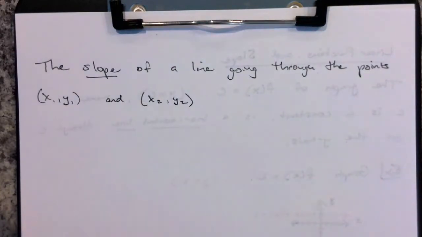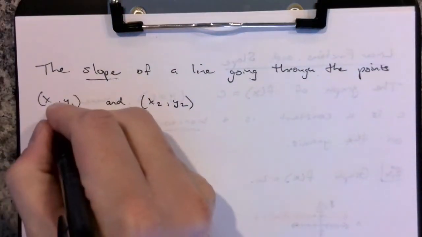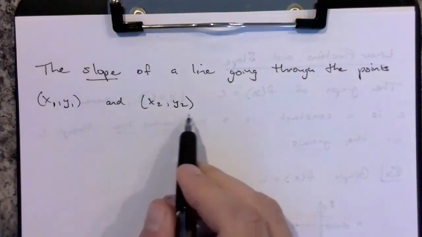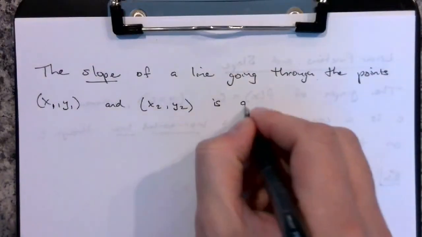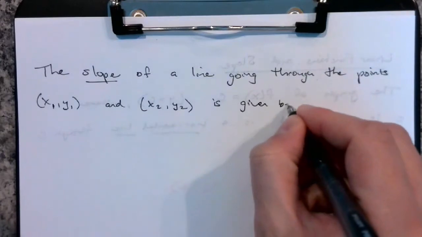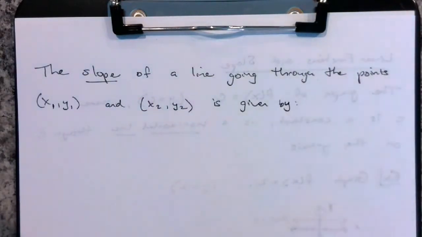These are ordered pairs, these are placeholders. x1 goes along with y1, x2 goes along with y2. These are going to be actual values. It is given by the slope formula.